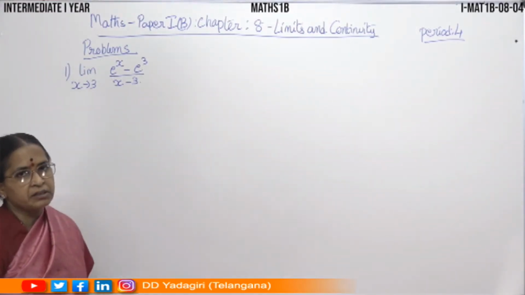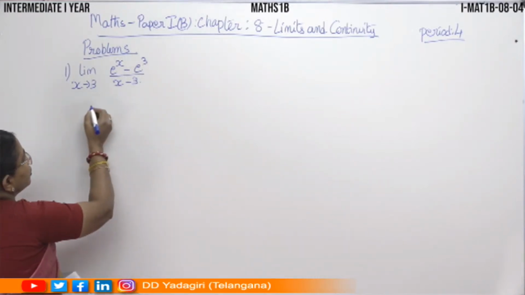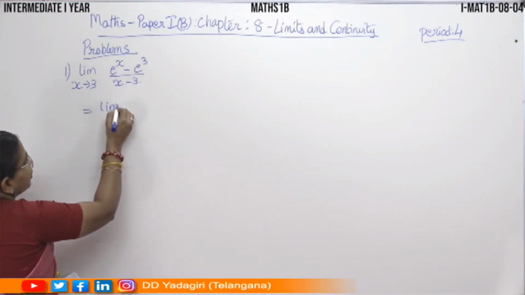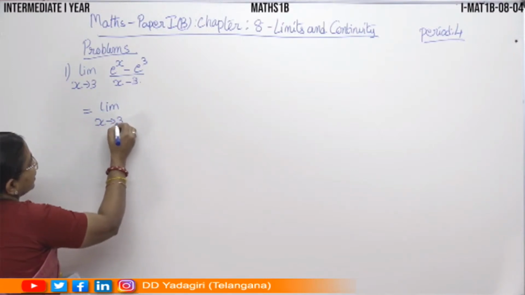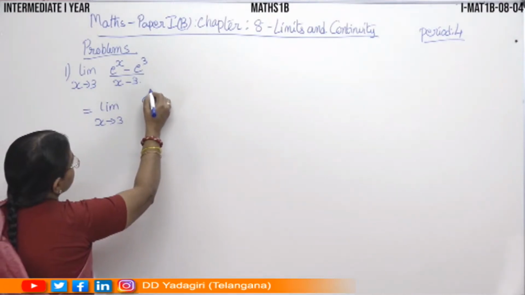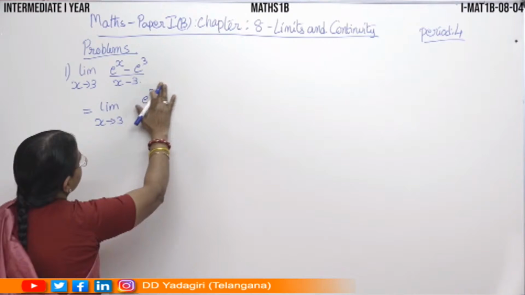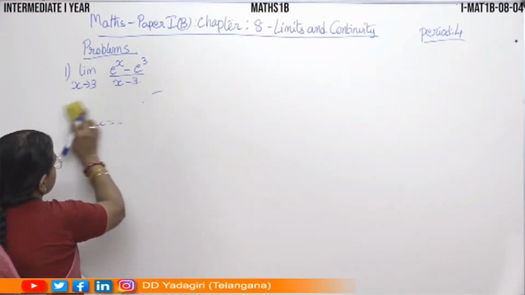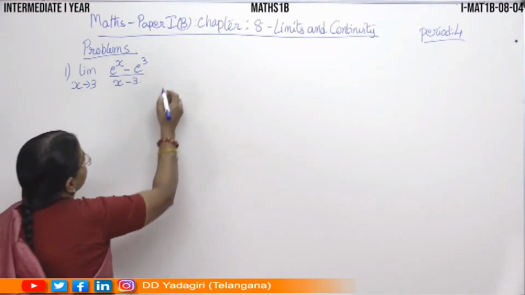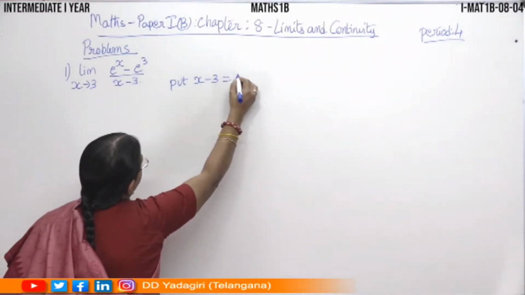You can put x minus 3 as equal to some y. Put x minus 3 is equal to some y.